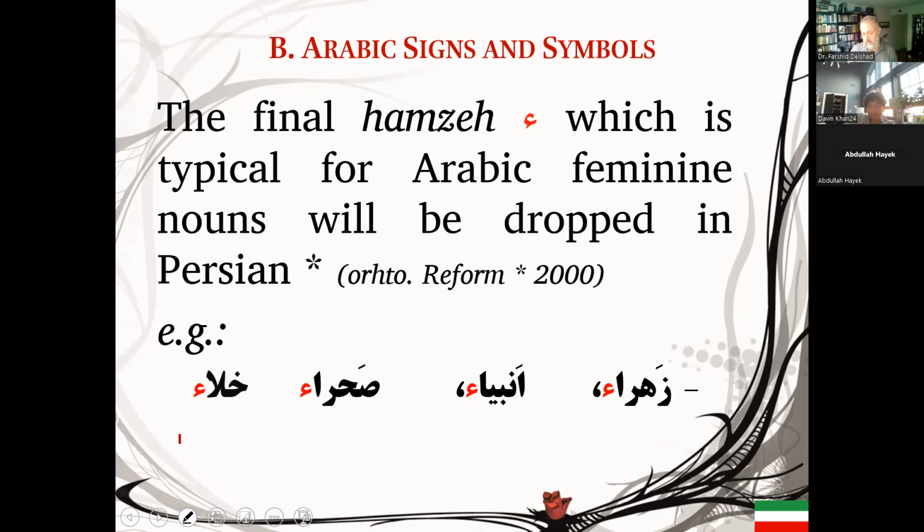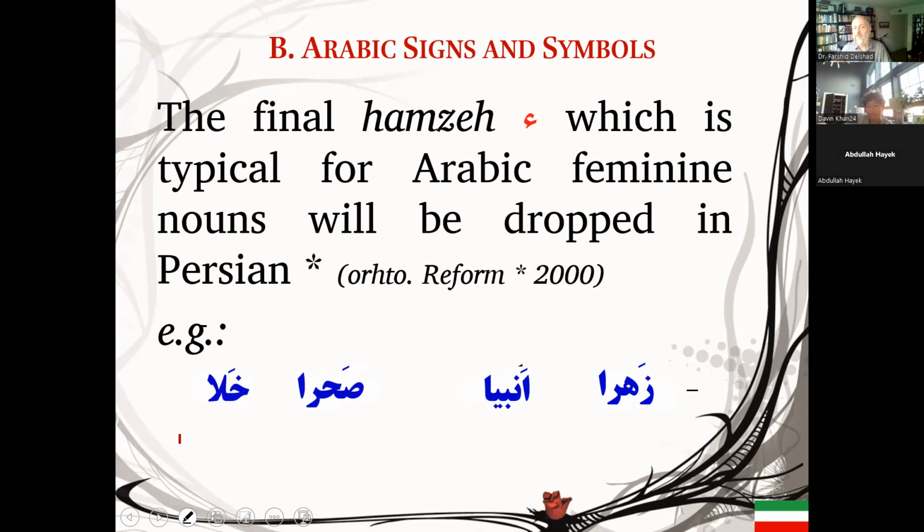So, well, we dropped it. So it means we drop the final hamzeh from Arabic words, and with that, we soften it. We don't say Zahra, Anbiya, Sahra, Khala with the hamzeh. We say them without it. This is also another thing that you have to know about if you encounter an Arabic word in Persian. So, any question?